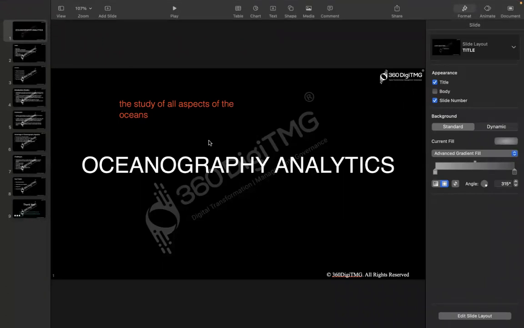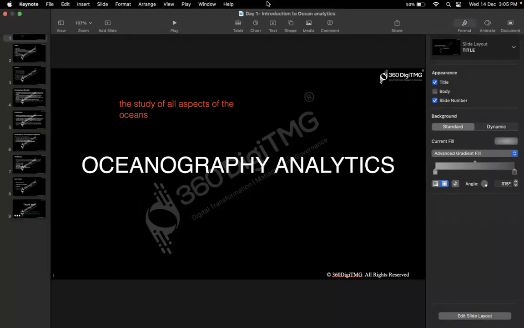The study of all aspects of the oceans is called oceanography. In oceanography, we cover a wide range of topics, from marine life and ecosystems to currents and waves, the movement of sediments, and the geology of seafloors.